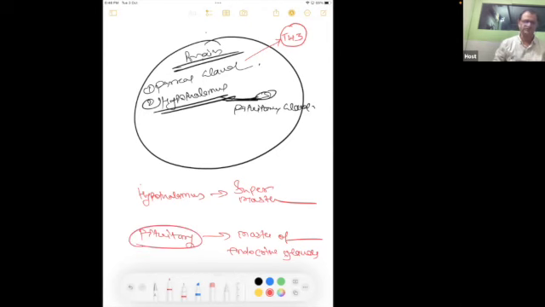So pituitary gland is the master, and the hypothalamus is the supermaster, means master of master. So hypothalamus controlling the pituitary gland.